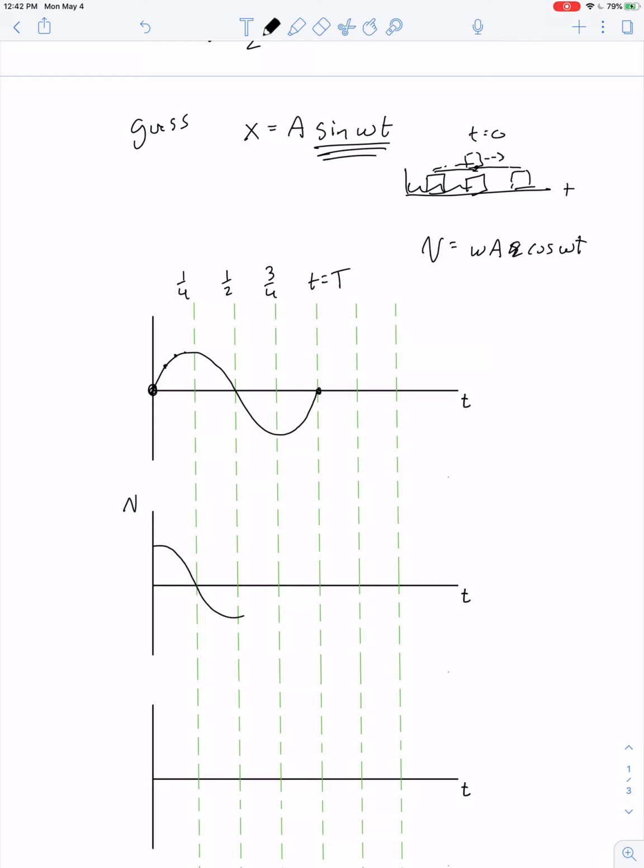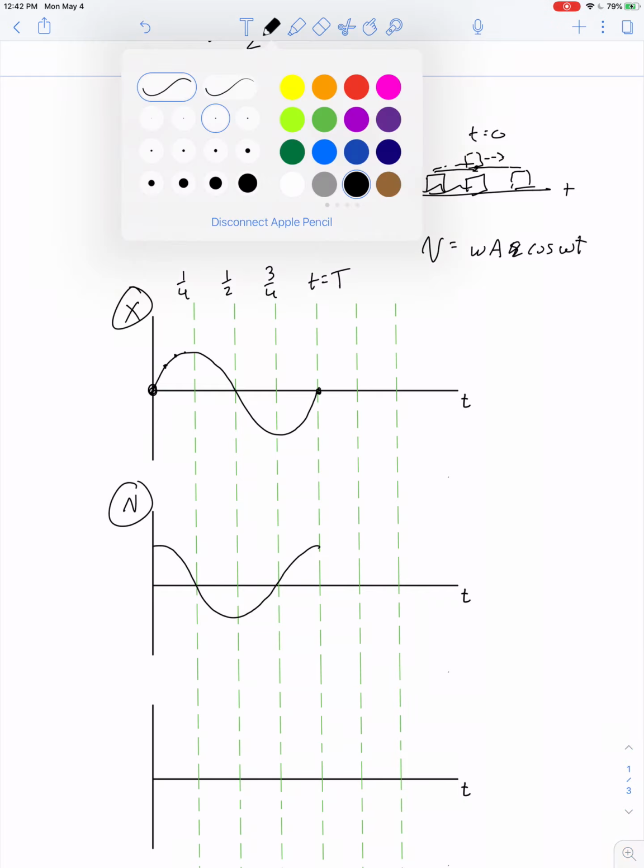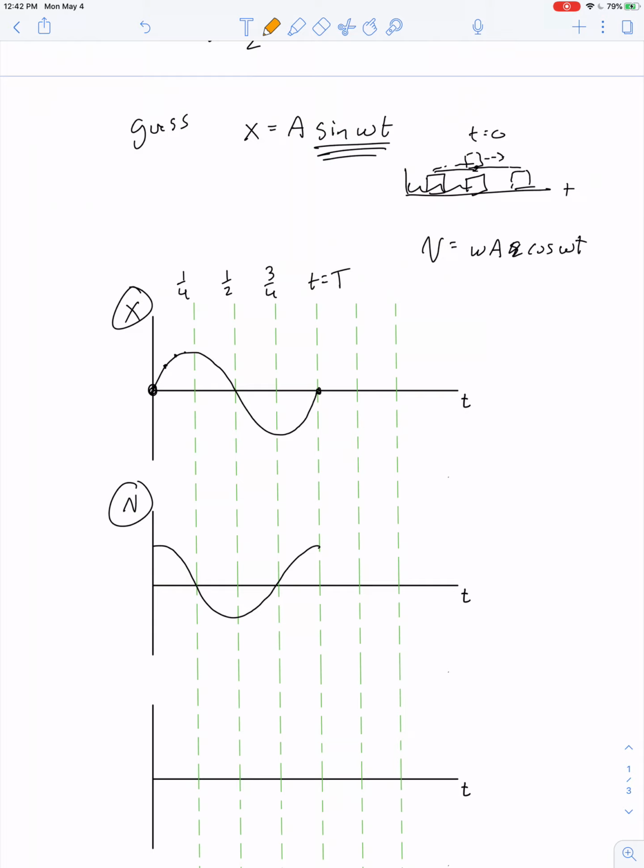Here's another way to look at this. Since velocity is the derivative of position with respect to time, it's also the same thing as the slope. So let's draw in a line that represents the initial slope to this graph. Initially this slope is positive, meaning the value on this graph is positive.